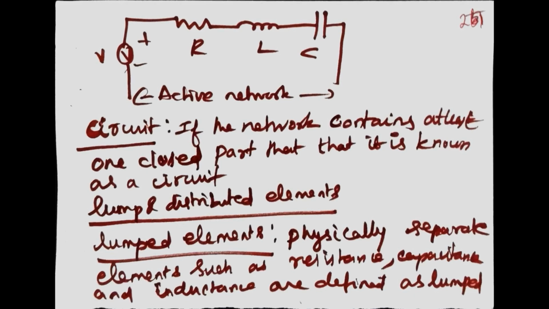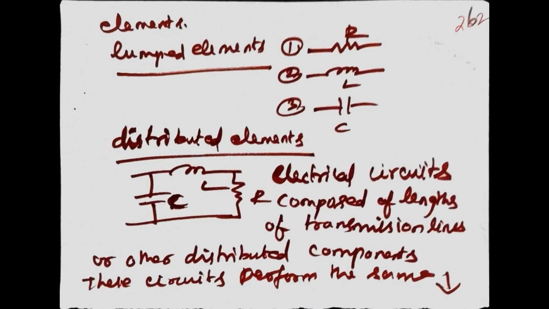Lumped and distributed elements. Lumped elements are physically separate elements such as resistance, capacitance and inductors. A single resistance, single inductance or single capacitor is a lumped element. Distributed elements are shown in a network, such as an LC tank circuit, that is electrical circuits composed of lengths of transmission lines or other distributed components.